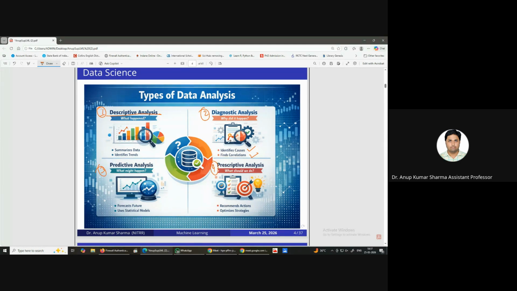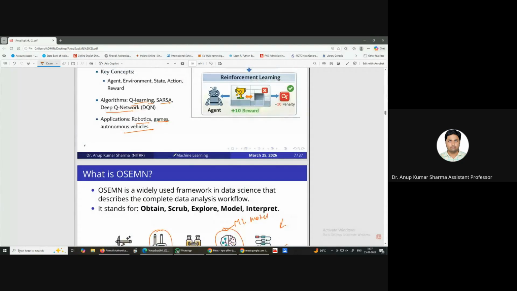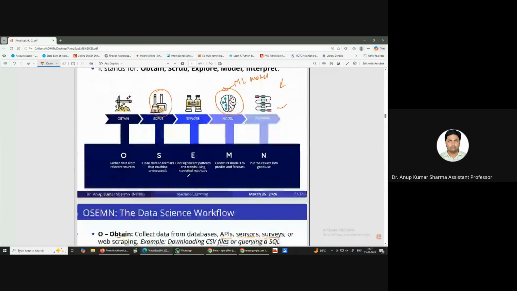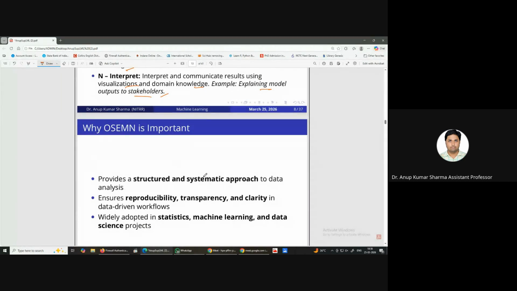Now we are moving to diagnostic, and next predictive, as we discussed about the complexity of data. This is the analysis part and the flow we follow in this project.